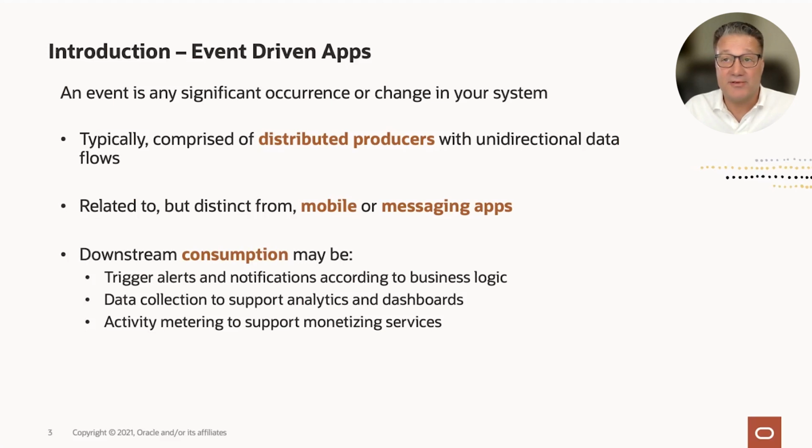However, mobile apps are typically interactive and bidirectional, while general messaging apps may be a data exchange or use a pub-sub model. Events are dynamic state changes or measurements. How the data will be used is, of course, also very important. Event data can be used in real-time or near real-time reporting and alerting, or for supporting complex analytics. Most often, the data is used for both purposes, even if that was not the original intent.